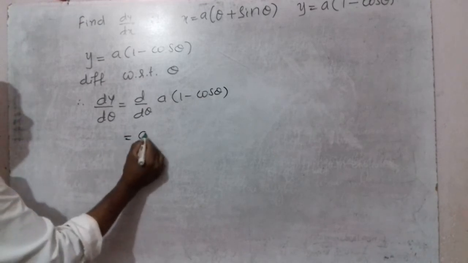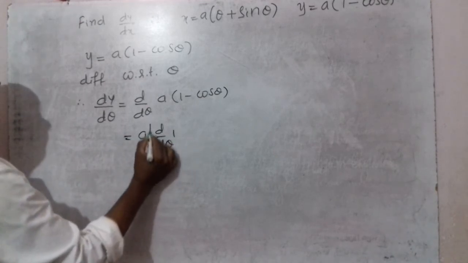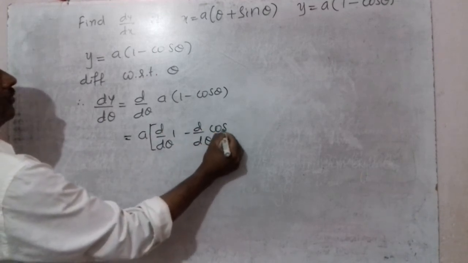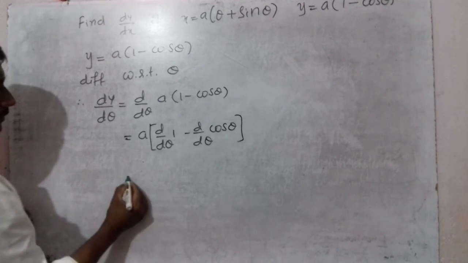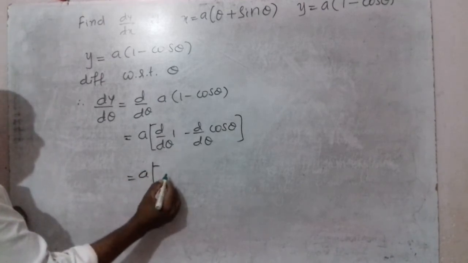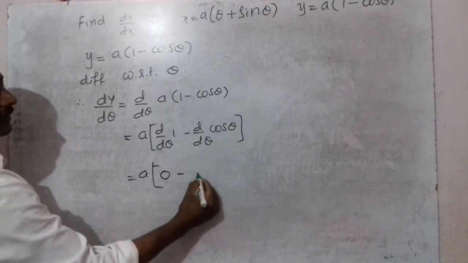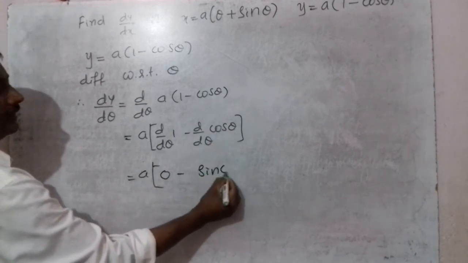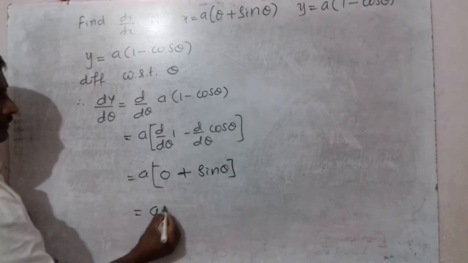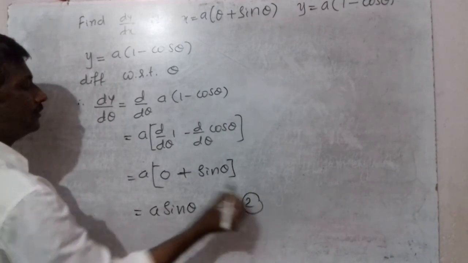This equals a into d by d theta of 1 minus d by d theta of cos theta. This equals a into the derivative of the constant 1, which is 0, minus the derivative of cos theta, which is minus sin theta, therefore this becomes plus, that is a sin theta. Call this equation 2.